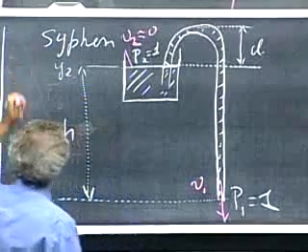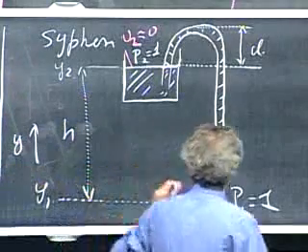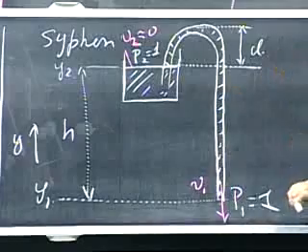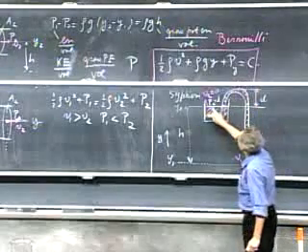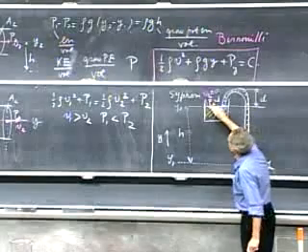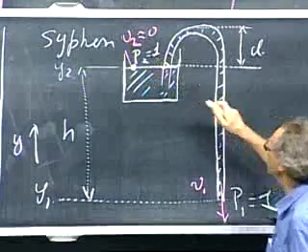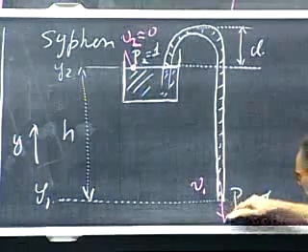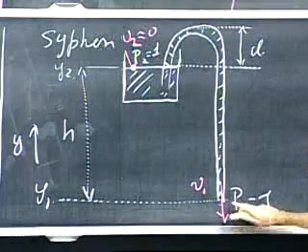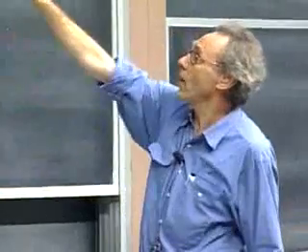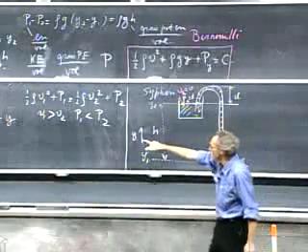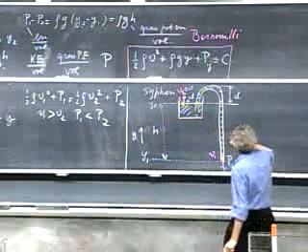I apply Bernoulli's law. So now we have a situation where the Y's are different, but the pressure is the same, because right here, at this point of the liquid, I have 1 atmosphere, which is barometric pressure, and since this is open with the outside world, P1 is also 1 atmosphere. So now I lose my P term. There I lost my Y term, now I lose my P term.